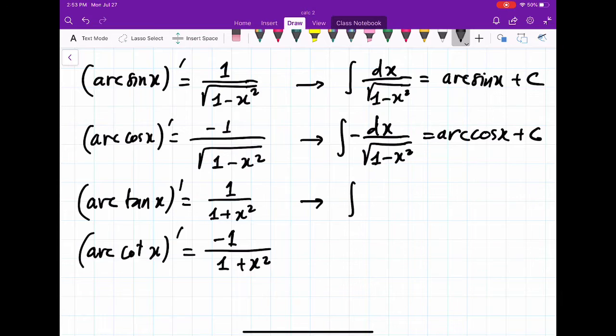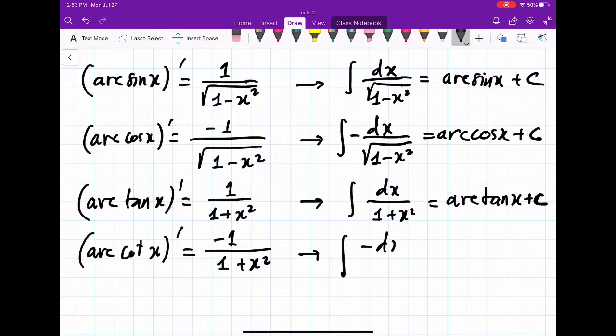And here you have dx over 1 plus x squared equal to arctangent of x plus c. And of course, with the negative in here, you have 1 plus x squared equal to arccotangent of x plus c.